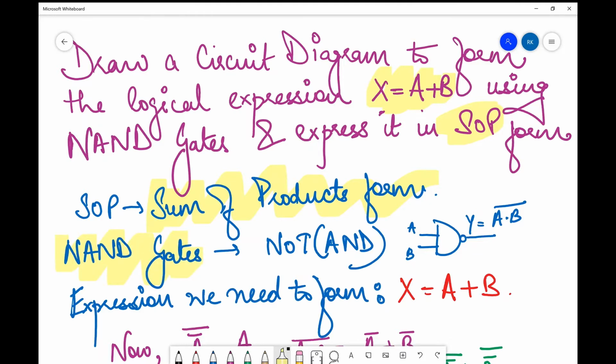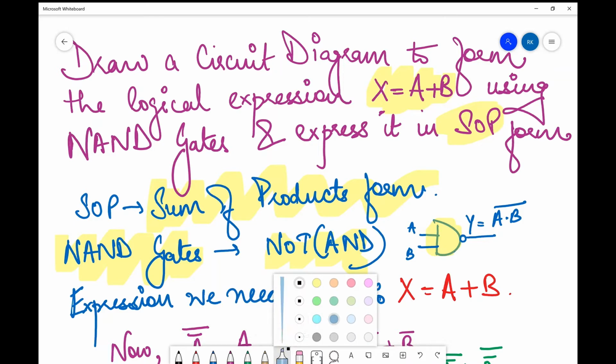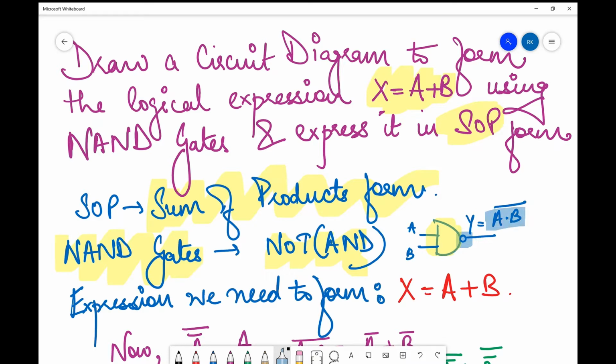Just a quick review, NAND is basically NOT of AND. This is the AND gate, and when you put this NOT over it, it becomes a NAND gate. The expression is the same: you write the AND first, which is A dot B, and then you put the negation sign above, so it becomes the NAND.